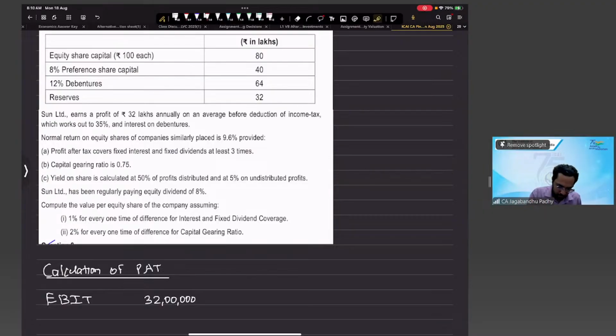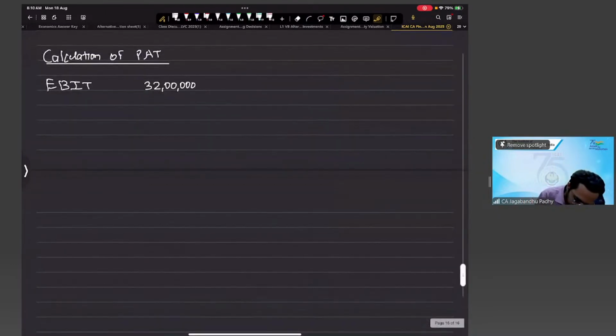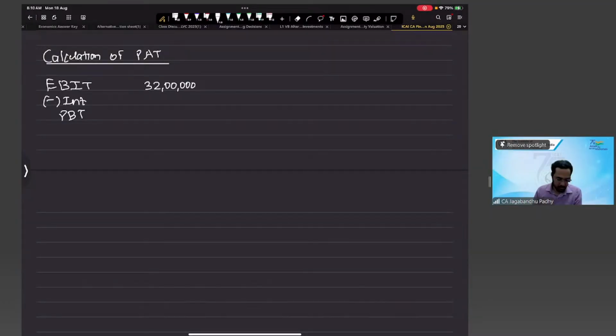From that, of course, we are going to deduct the income tax, which works out to be 35%, and also the interest on the debentures. So from EBIT, we subtract the interest, which gives us profit before tax. Further, we subtract the taxes, which gives us profit after tax.